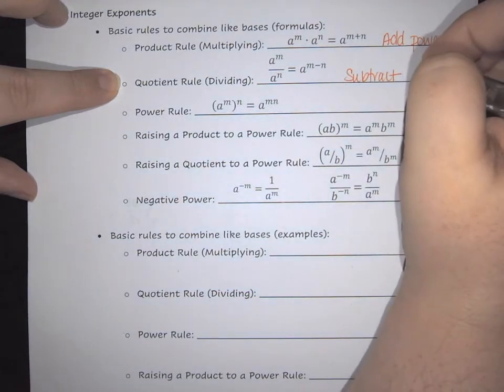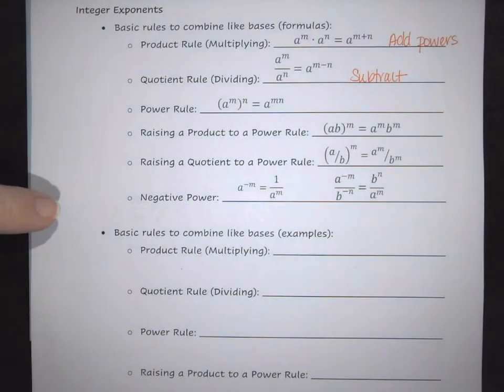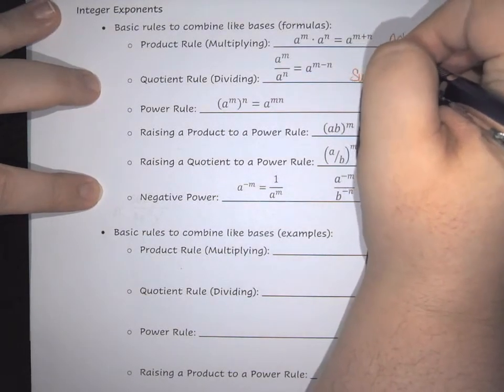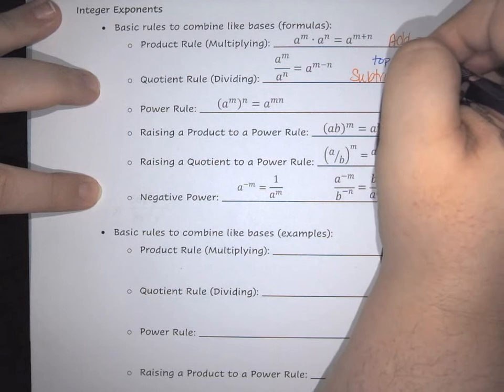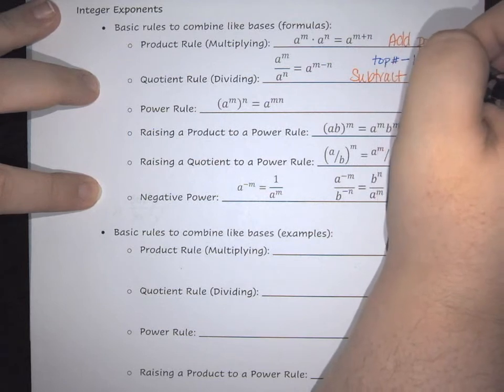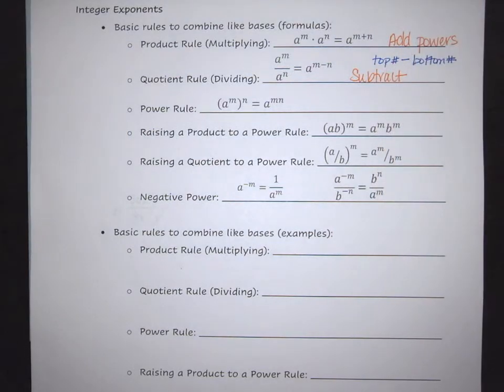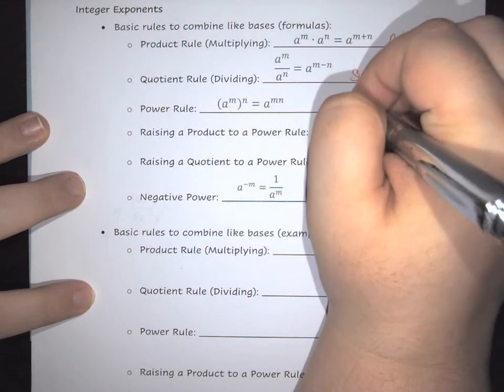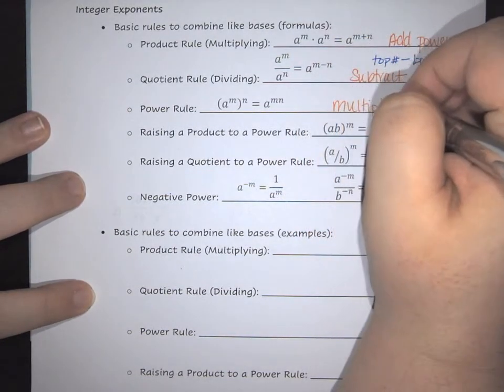Specifically, we are going to subtract top minus the bottom. Okay, so here we're going to do top number minus the bottom number. For your power rule, this is where we multiply the powers.